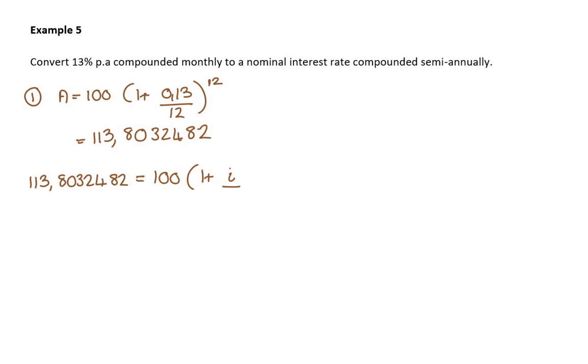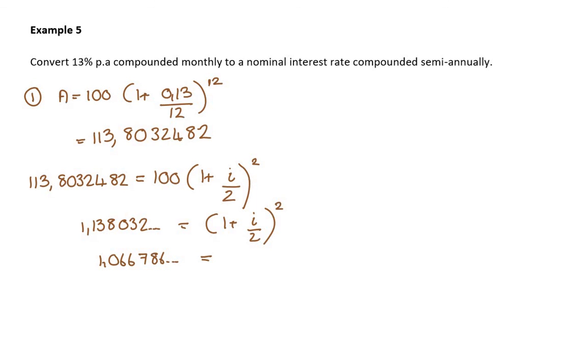113,8032482? So same output if I started 100 Rand, but now the interest I'm looking for isn't per annum compounded annually, it's divided into 2 parts because it's semi-annually. Now this is still 1 year, so this is to the power of 2. So it just means that when I work backwards now, I'm working backwards to another nominal interest rate. So I would divide by 100 on both sides, and I get 1,138 8032 and so on, and now I'm going to have to square root both sides, which gives me 1,0667 86 and so on.